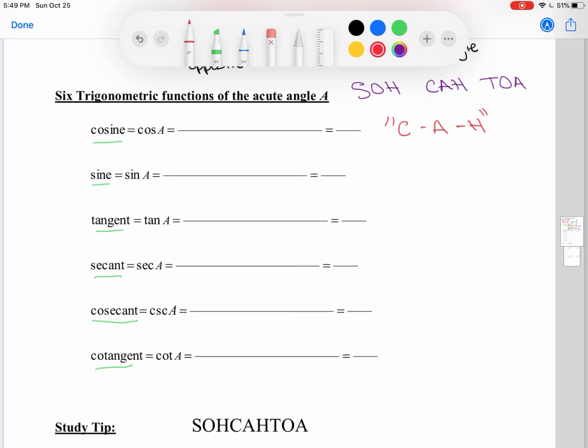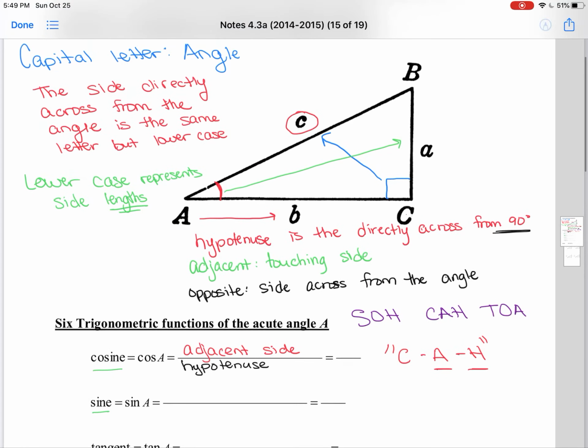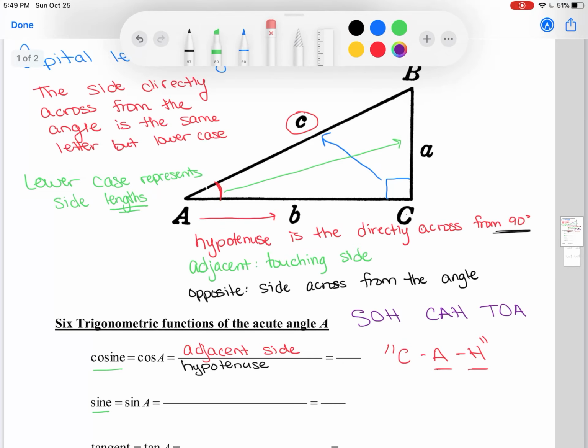So before I get started on cosine, I'm going to take the CAH portion. This really helps you determine what needs to be used. If I'm looking for cosine of angle A, I need the adjacent side on top. Remember, we're taking the A, and then I need to follow with the H down below, which is the hypotenuse.